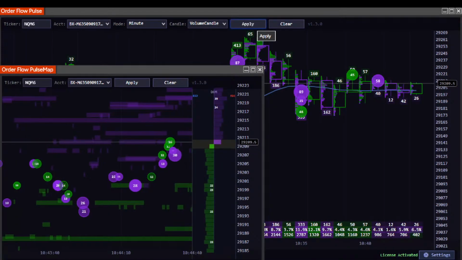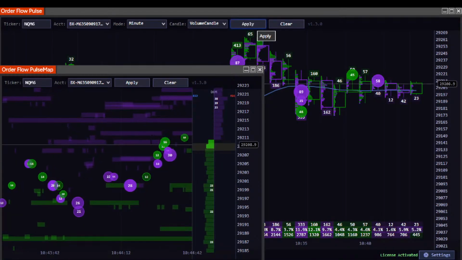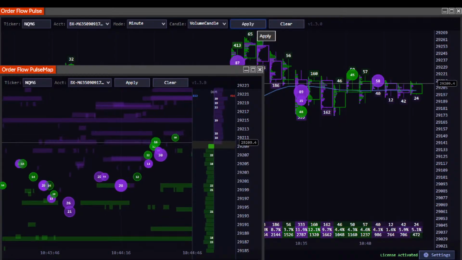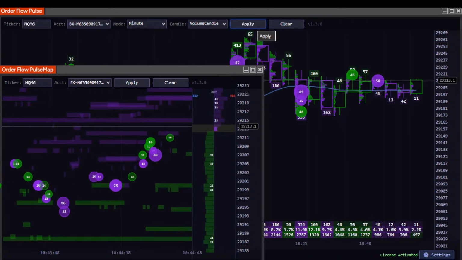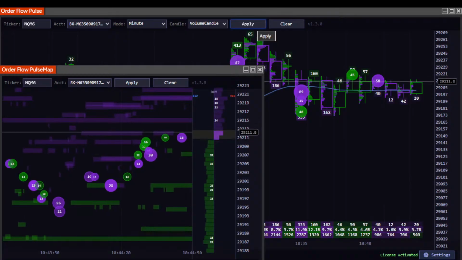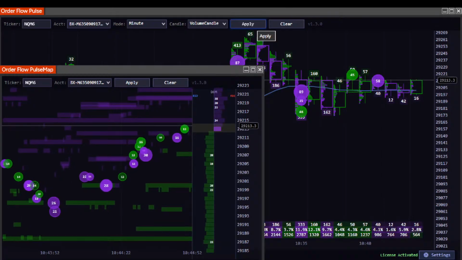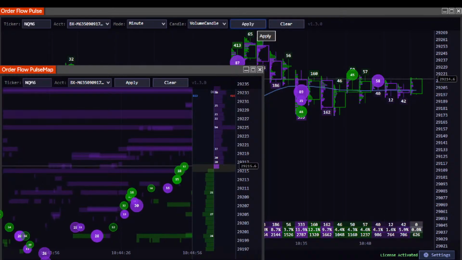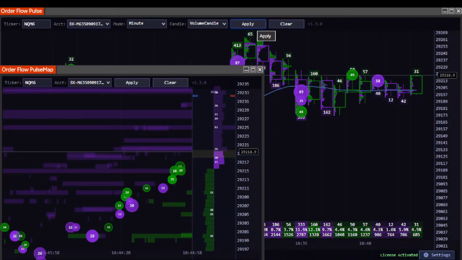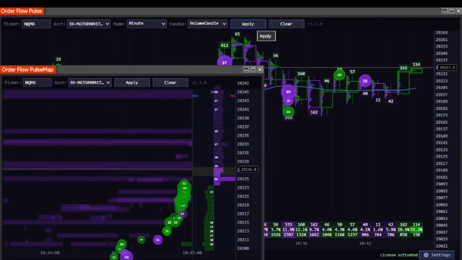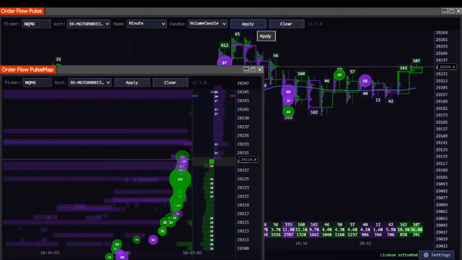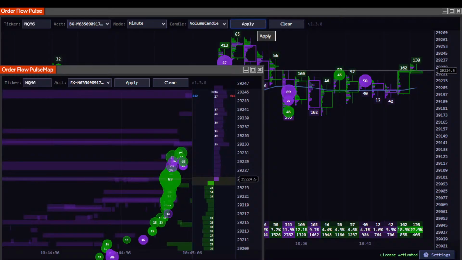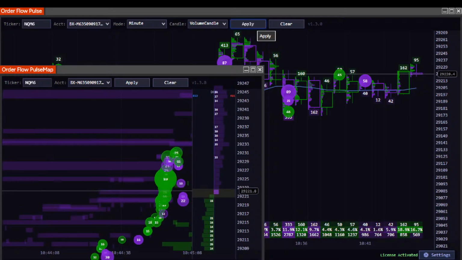When you get an embedded stochastics, by the time you know it, you can look at the chart and tell. You don't need these lagging indicators to tell you stuff.